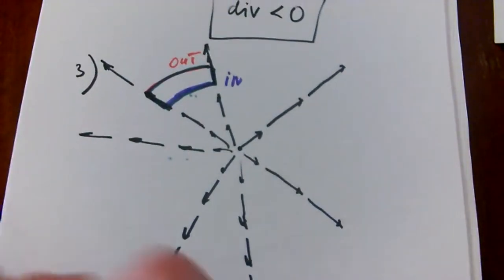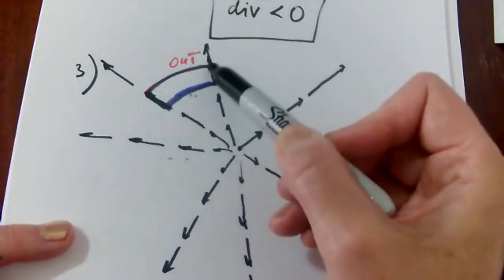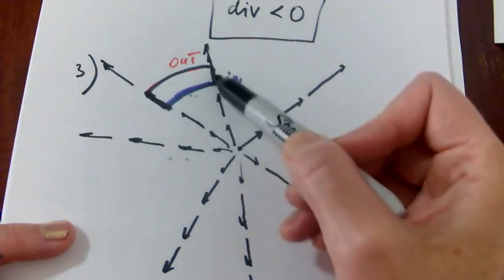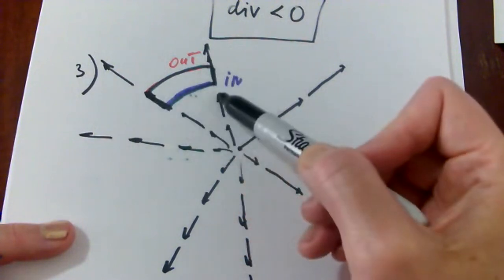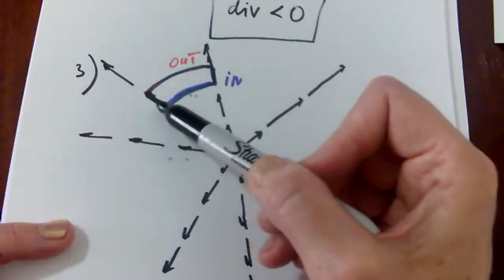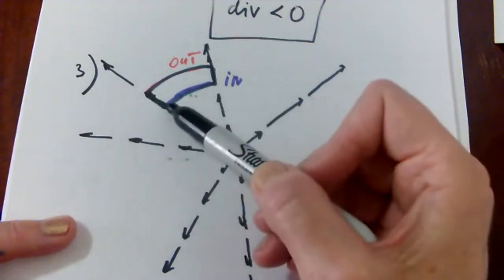So, I'm repeating once again: the reason why we choose these two opposite sides to be parallel to our vectors is so that we don't get any flux through these sides, because the vectors are just sliding past them. This is why we don't need to worry about the flux through these surfaces.